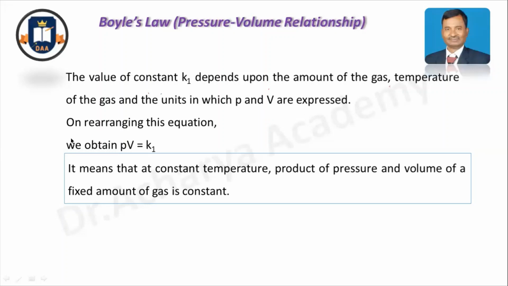From the equation we can get PV is equal to K1. It means that at constant temperature, the product of pressure and volume, that is PV, of a fixed amount of gas is constant.